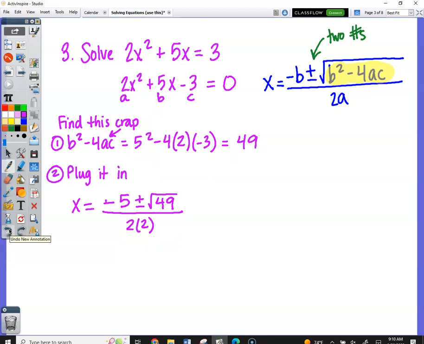What is the square root of 49? 7. Don't forget it is positive negative 7, right? And then this is over 4. And then now separate those and finish it. So there's 2 different expressions here. You've got the plus, and then you've got the minus.